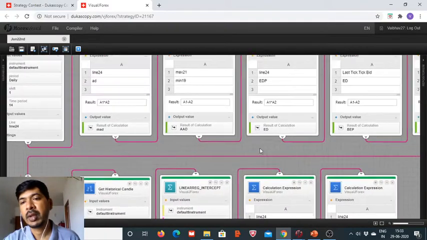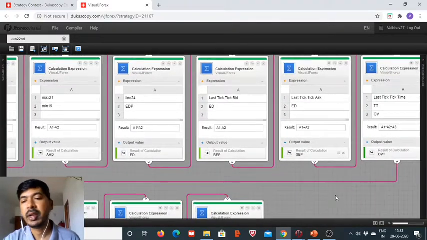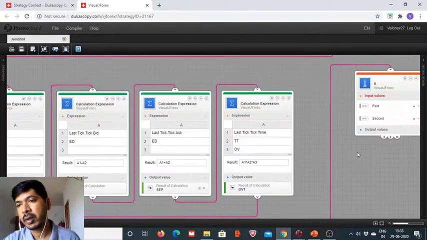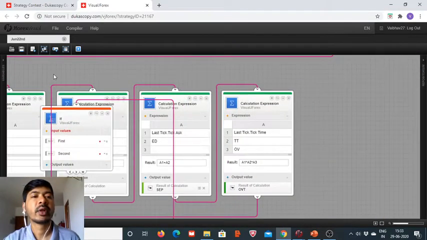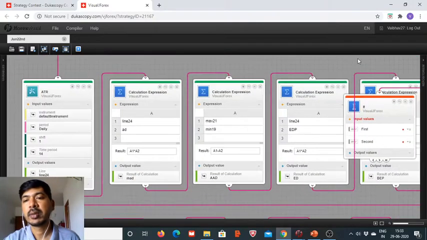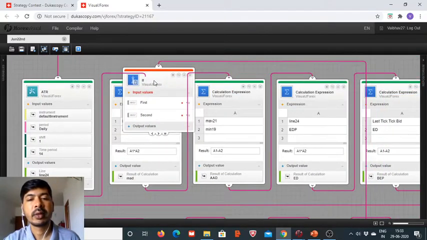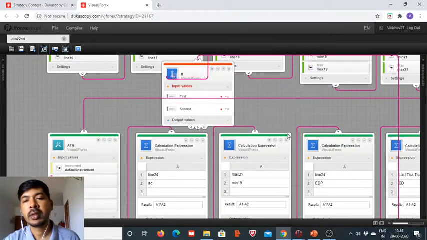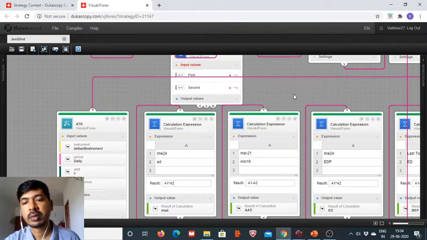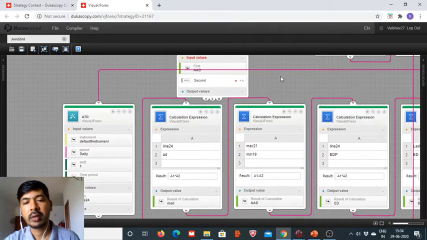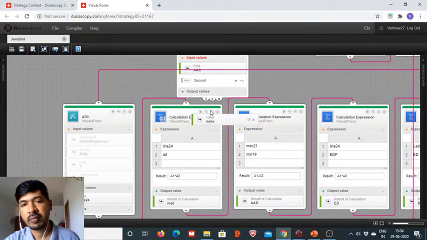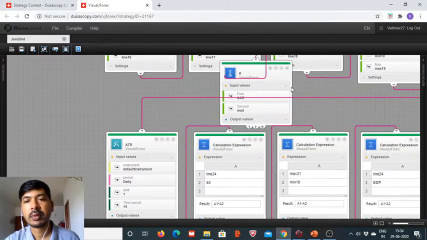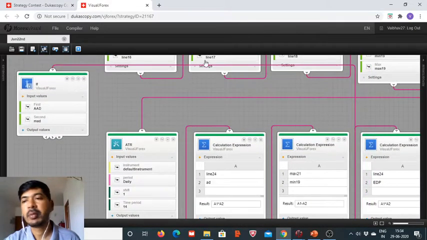Now the next requirement is to make sure there is enough volatility. So we take into account the difference between minima and the maxima of the last 3 hours, and the difference is AAD, as we have done this calculation, and it needs to be compared with the minimum ATR difference, MAD. Okay, so now this condition is in place.